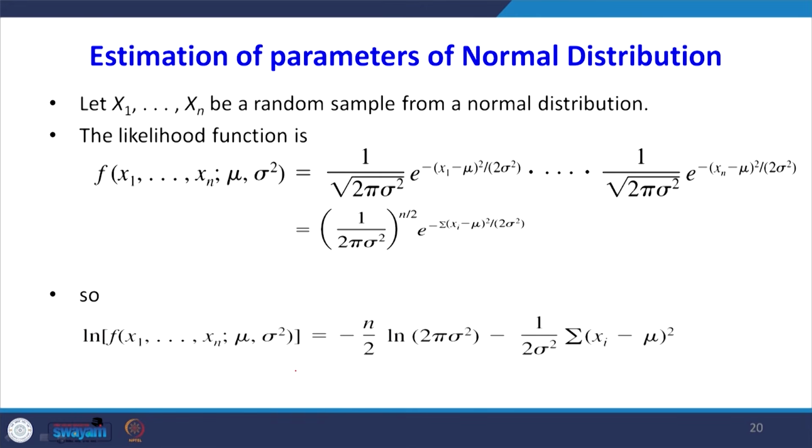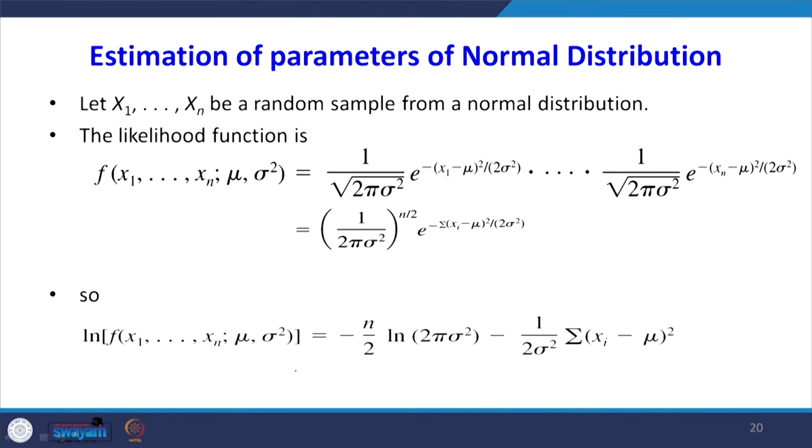Now, we will go for estimation of the parameter of a normal distribution. This is very interesting because we can say normal distribution is the father of all the distributions. Many times if you do not know the nature of the distribution, you can assume that it follows a normal distribution.